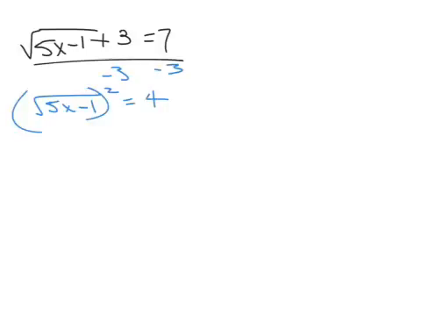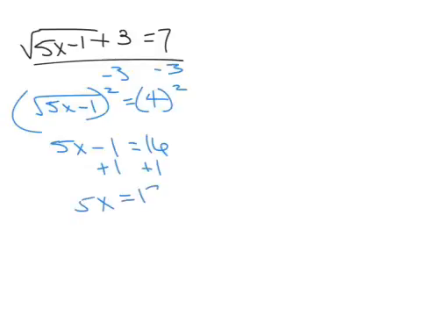Then we can square both sides. Then we add 1. So x equals 17 over 5.